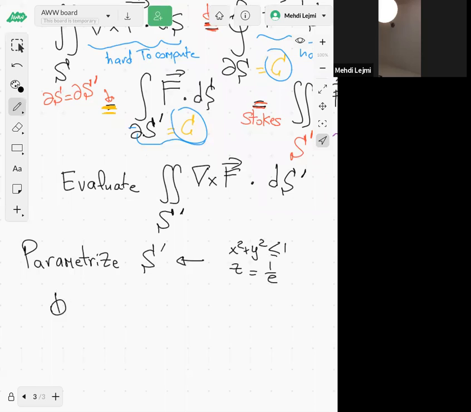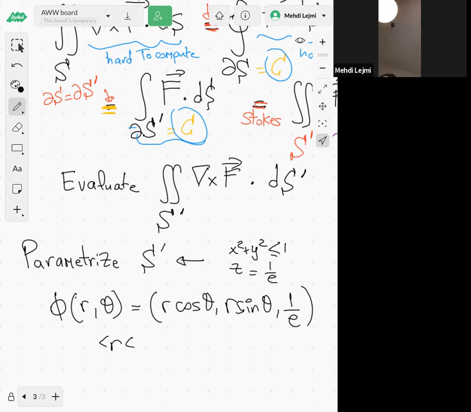So phi of r, theta is r cosine theta, r sine theta, and z equals 1 over e. Since x squared plus y squared is less than or equal to 1, r is between 0 and 1, and theta, as usual, is between 0 and 2 pi.